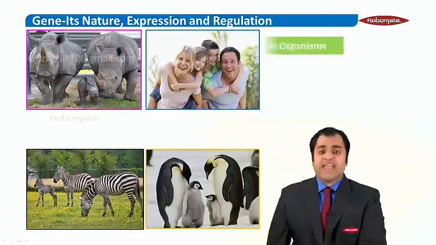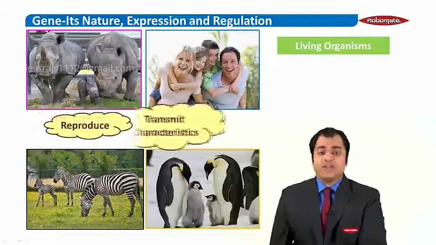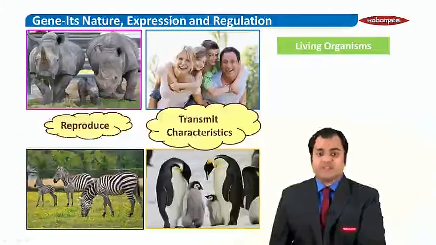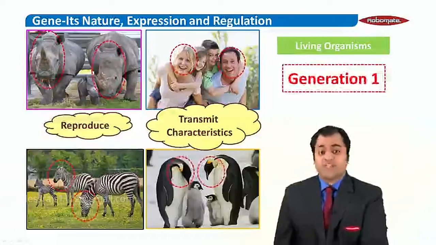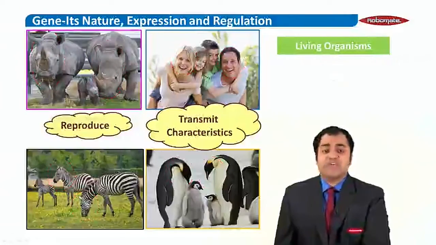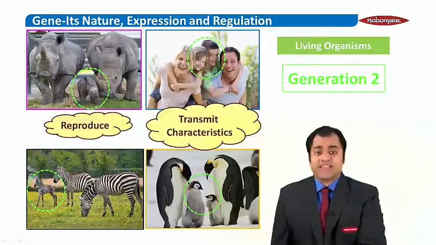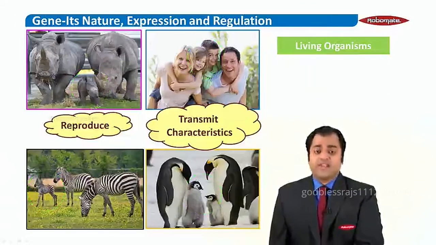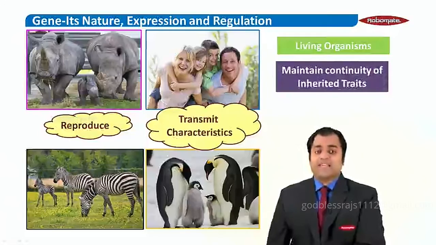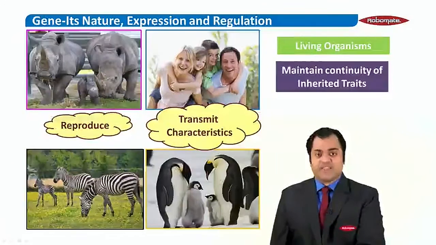Living cells and living organisms have this remarkable ability to reproduce and transmit characters from generation 1, the parents, to generation 2, the offsprings. And this is what we call inheritance. Why do they do that? In order to maintain the continuity of inherited traits.